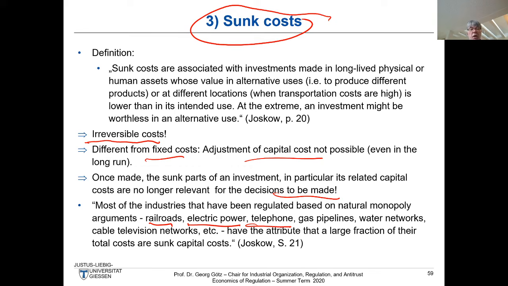That's a problem with getting fiber optical broadband interconnections for everyone, because 80% of the cost are just the construction costs if you have to lay that cable into the ground. Gas pipeline networks, of course, they are fixed. Water networks also. Cable television is the same. The point of all of these industries is that a large fraction of their total costs are really sunk. They are sunk capital costs. And therefore, these sunk costs matter so much. So it's important to us how sunk costs impact such an industry.